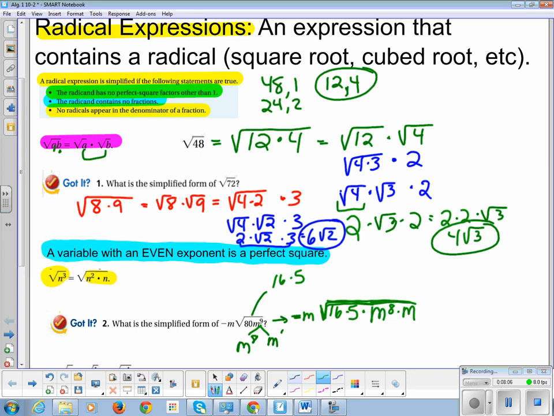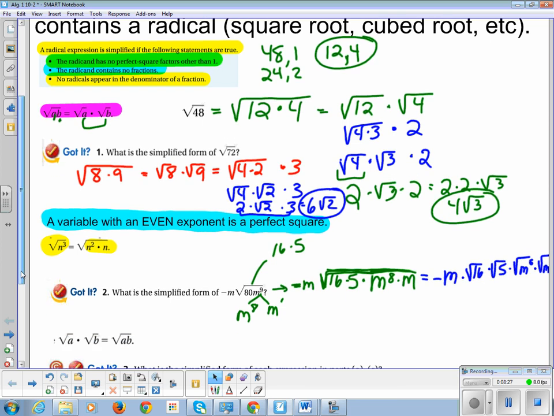Okay, and then I have this negative m out front. Awesome, we got a lot of stuff going on here. So let's split it up. I got negative m out front. I got square root of 16, square root of 5, square root of m to the 8th, and square root of m.